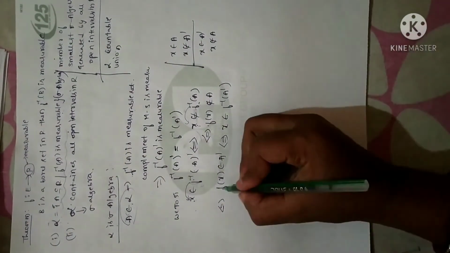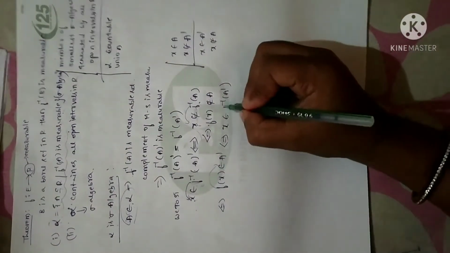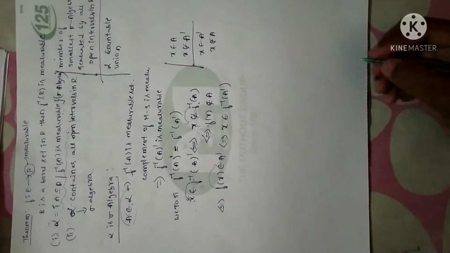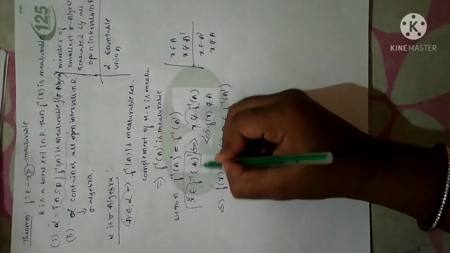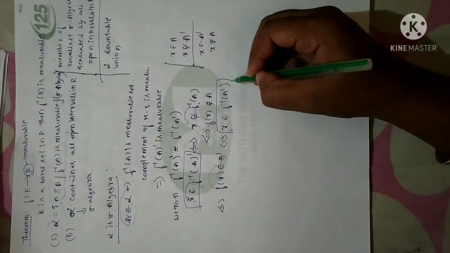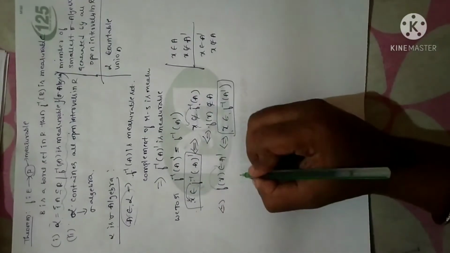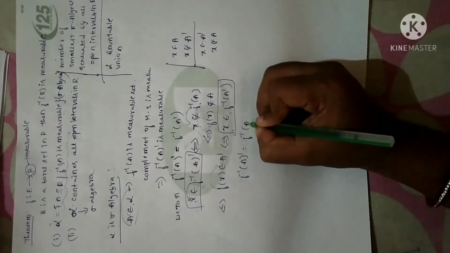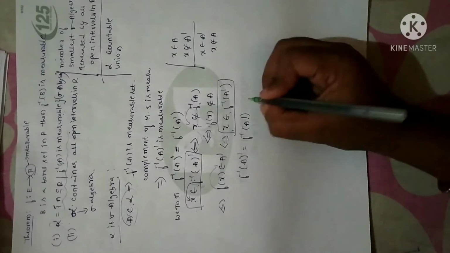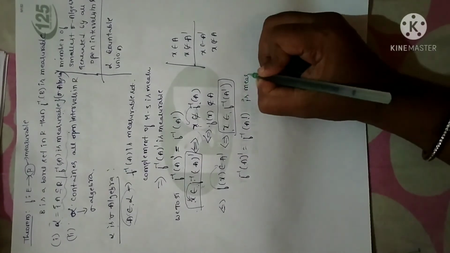I can write like this. See here, I am going to shift the F again. I will get F inverse of A complement. Fine. So what I have assumed is X belongs to the complement of F inverse of A, and what I have arrived at is X belongs to F inverse of A complement. From these two I can say F inverse of A whole complement is equal to F inverse of A complement. So if this is the case, it is measurable.